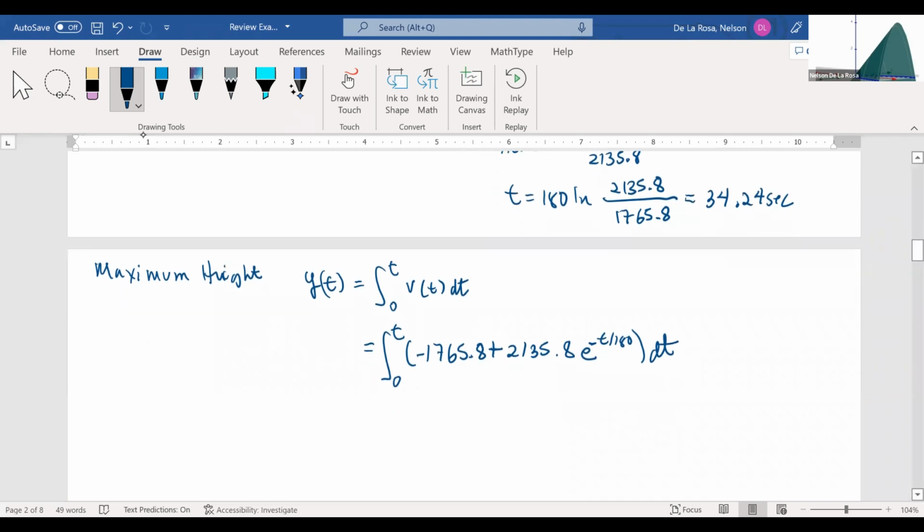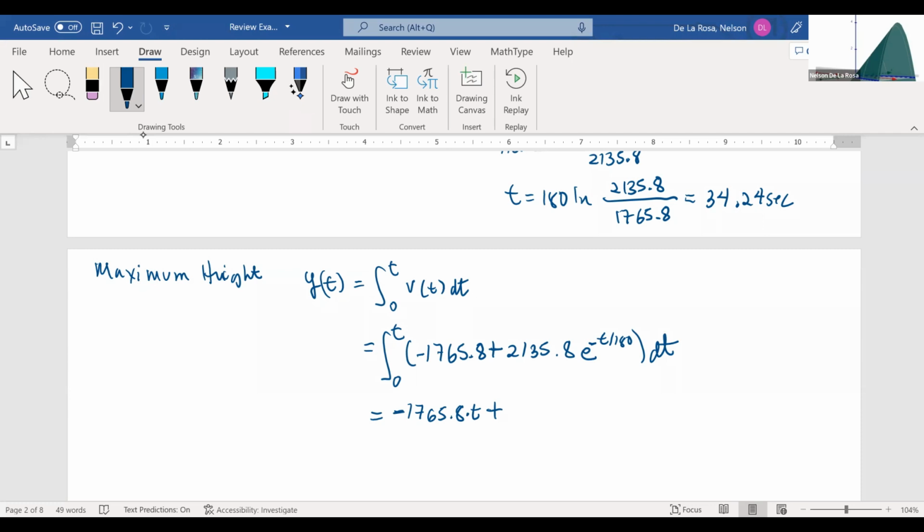So we compute this integral. It's negative 1765.8 times t, because the integral of a number is the number times the independent variable, in this case t.